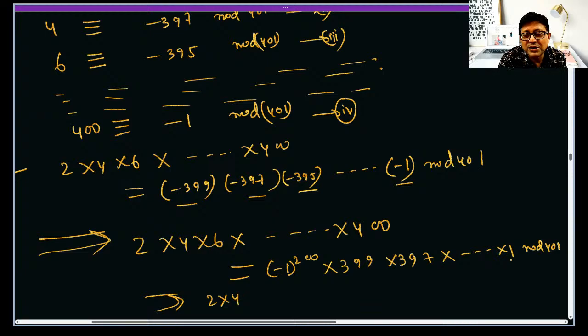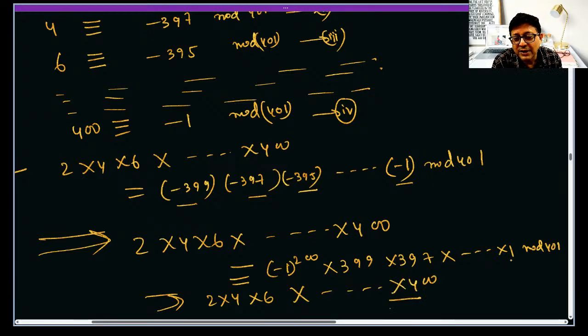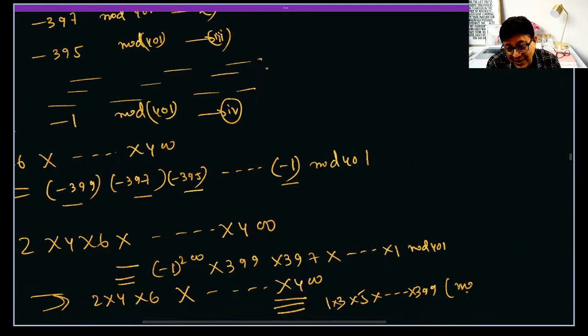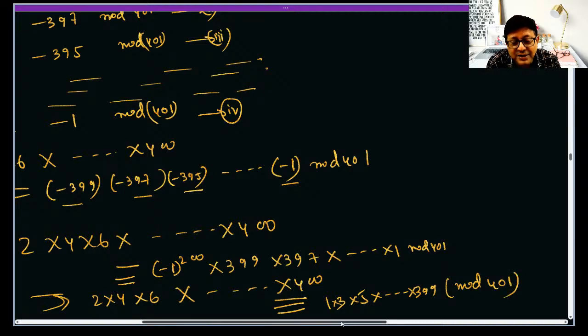So 2, 4, 6 into 400 congruent with minus 1 to the power 200, which is 1 only, and I am writing from the end 1, 3, 5, this one will go at the end, 399, mod 401, isn't it? All of you understand?